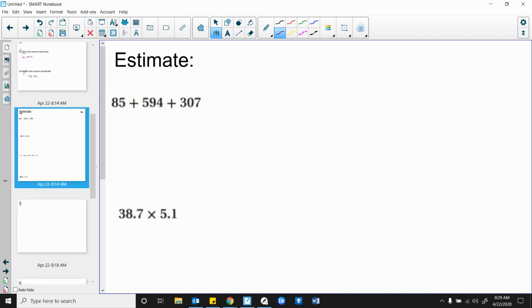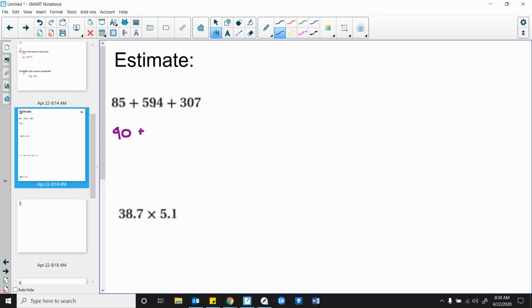Now some estimating problems. When we estimate, all we're going to do is round each one of these a little bit. 85 ends in a 5, which means we round this one up to 90.